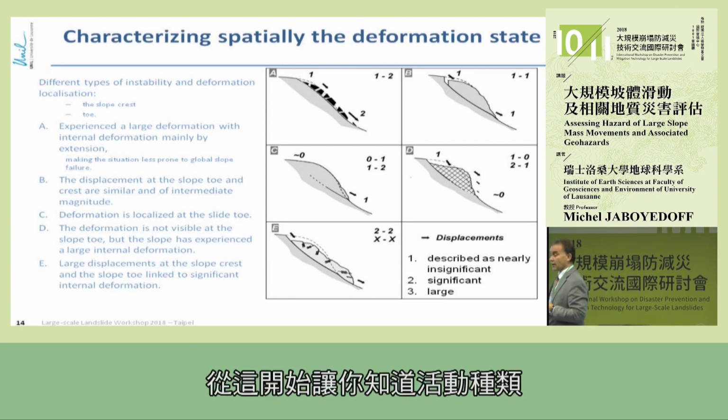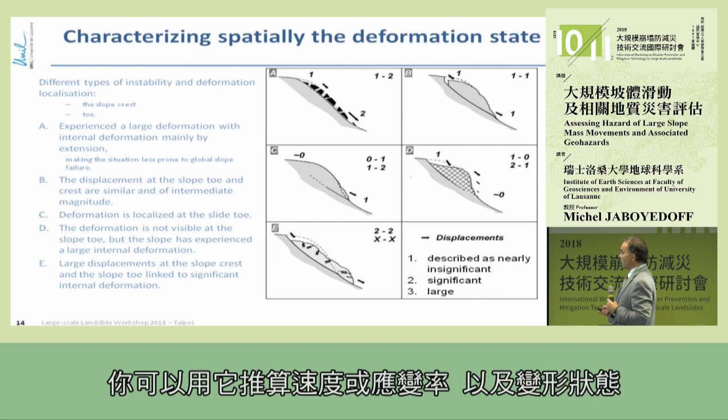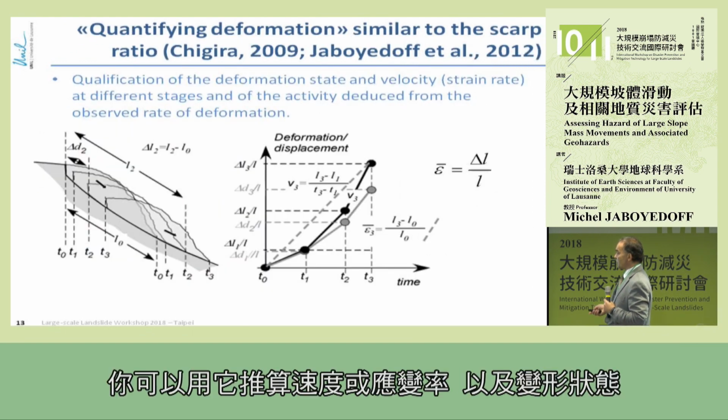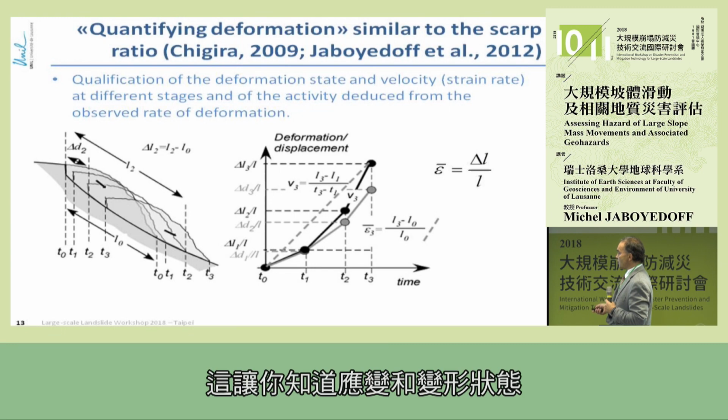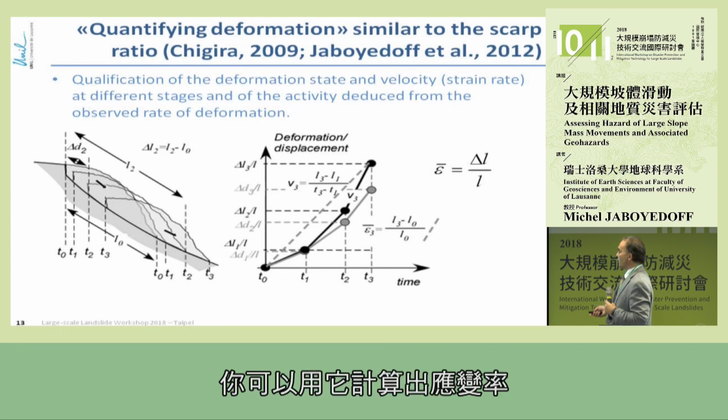Starting from that, this gives you a sort of activity, and you can deduce velocity or strain rate from that, but also the state of deformation. This gives you the state of deformation, and computing that with time, you can get the strain rate.